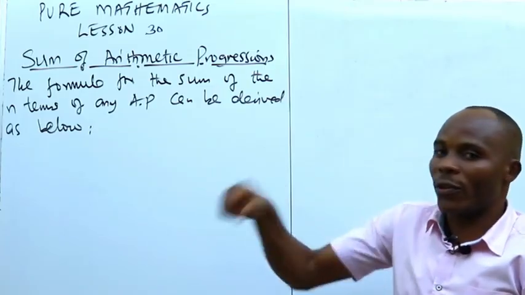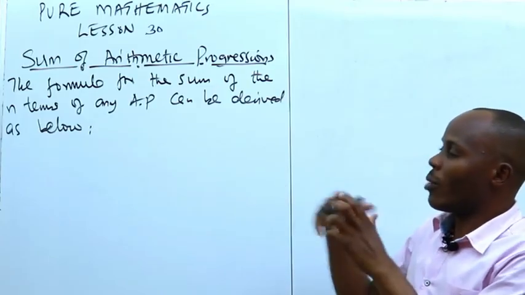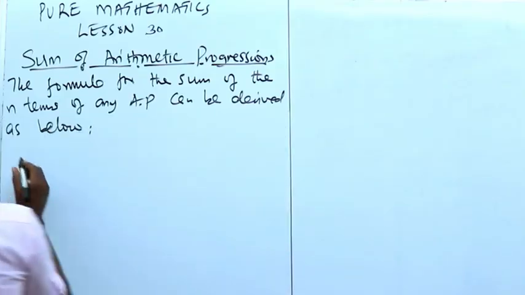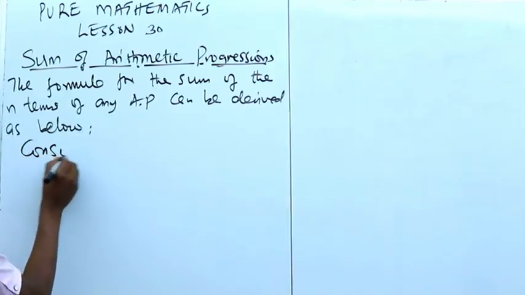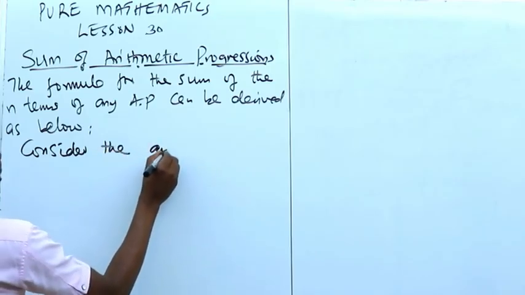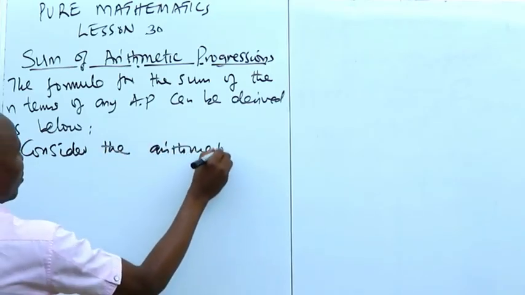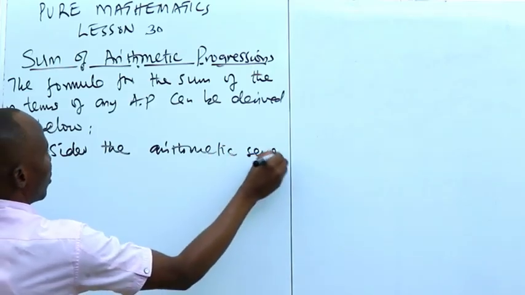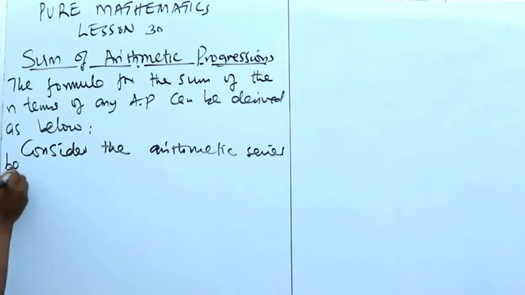I want to derive it such that you can see where it comes from. Consider the arithmetic series below.